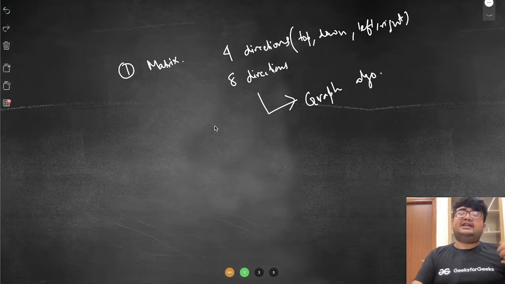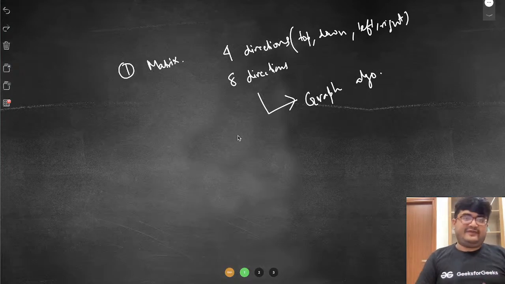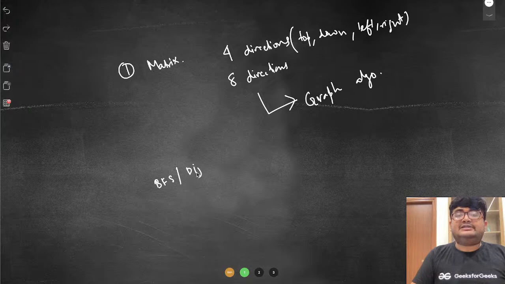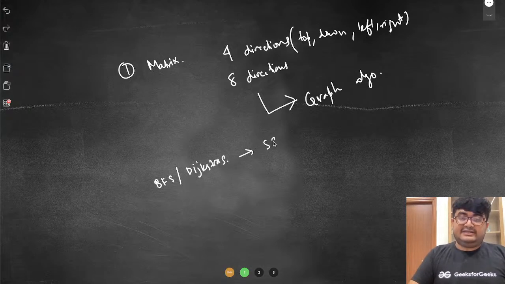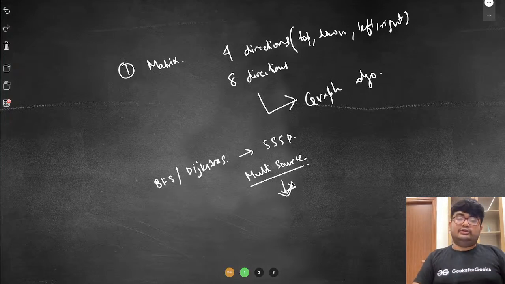If it's the shortest path or minimum time, go with BFS, Dijkstra, these things, right? In BFS or Dijkstra, these are single source shortest path, SSSP. If there are multiple sources given to you, what you do is push all the sources in the queue or priority queue or the set.